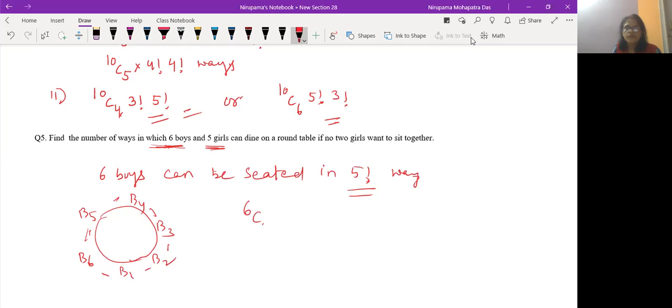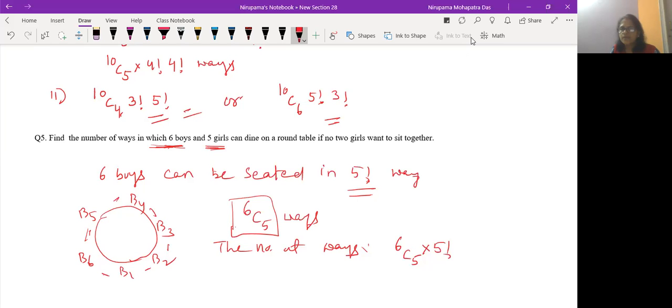Selecting 5 places out of 6 can be done in 6C5 ways. The total number of ways in which 6 boys and 5 girls can dine on a round table will be 6C5, then factorial 5 for the boys, and after selecting 5 places out of 6, you have to arrange the 5 girls.